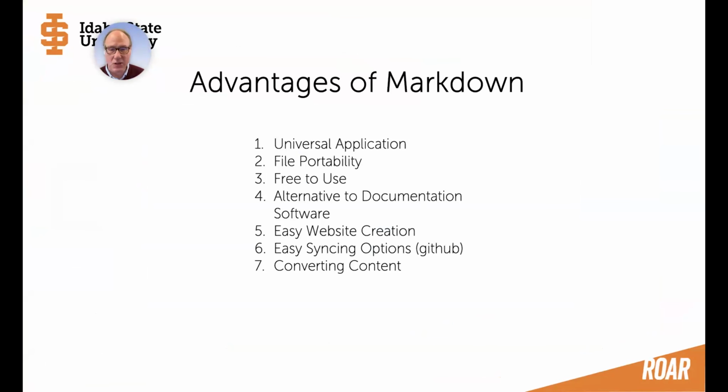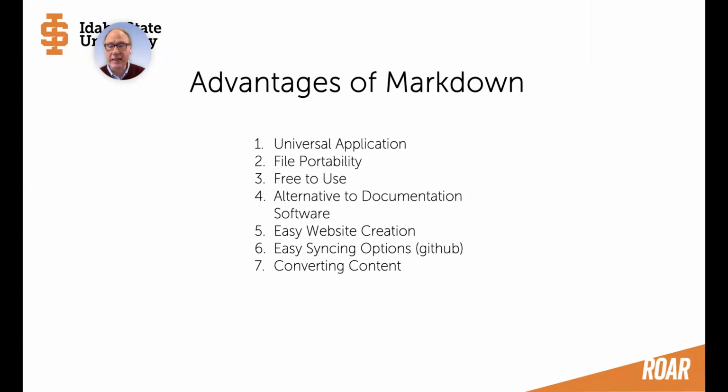Alternate to document software. Again, we can create that formatting for rich text without use of, say, Word. So basically, you can write it out, know exactly what it should look like, and have that output ready to go. Easy website creation. We already went over that. You type into it, and it's an easy conversion to HTML.